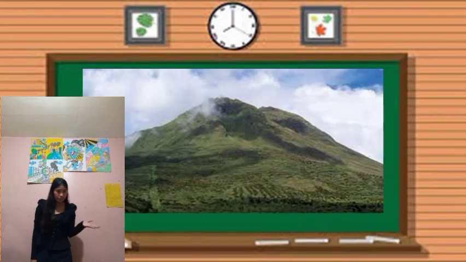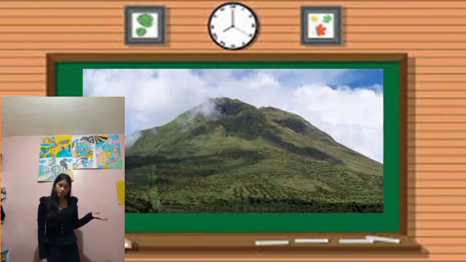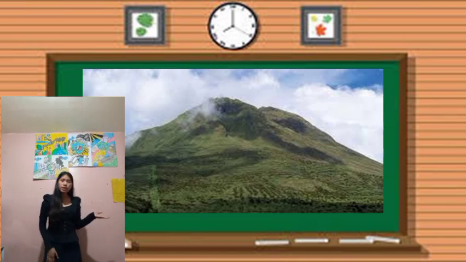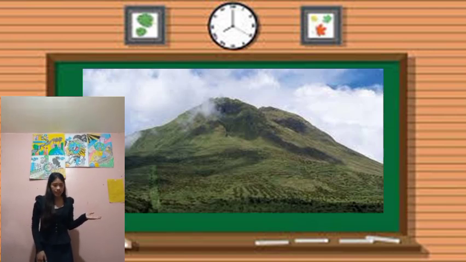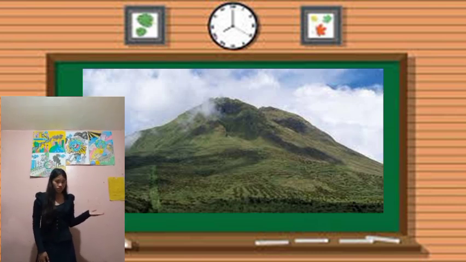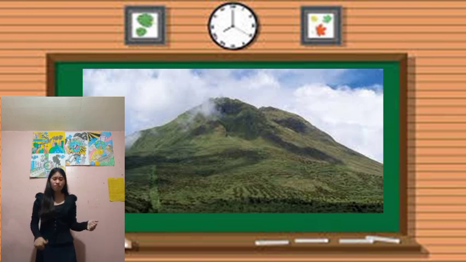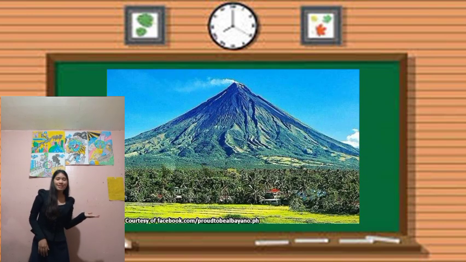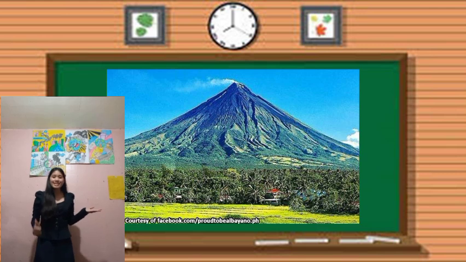Have you been to this place before? Or have you seen it before? Yes. In what particular place in the Philippines can you find these places? Or can you cite some of the volcanoes? Yes, Davao. Very good. How about this one? Yes, Joel. Exactly.